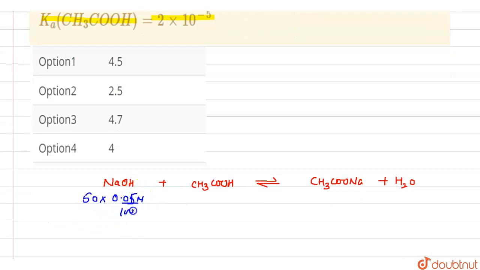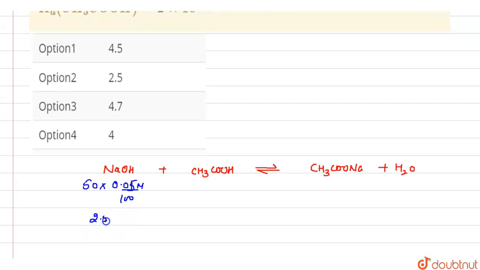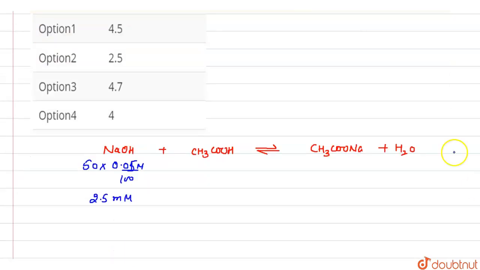So when we solve this, it comes out to be 2.5 millimoles. And acetic acid is 50 ml of 0.1 molar acetic acid. So it is 5 millimoles.